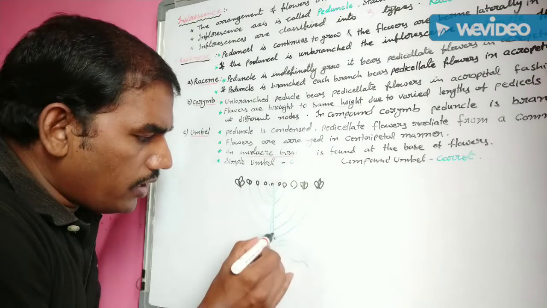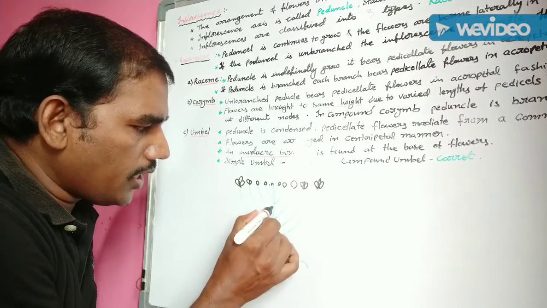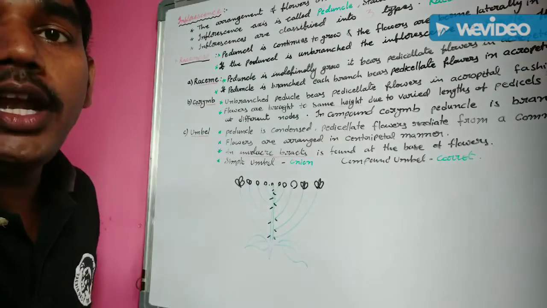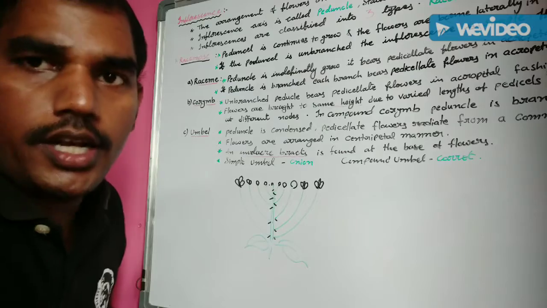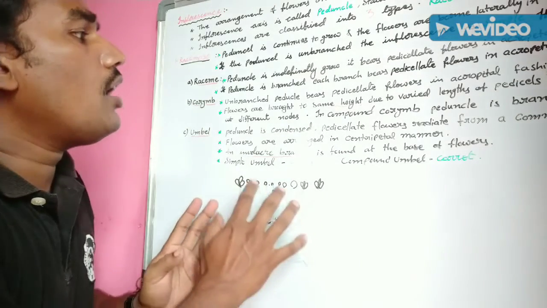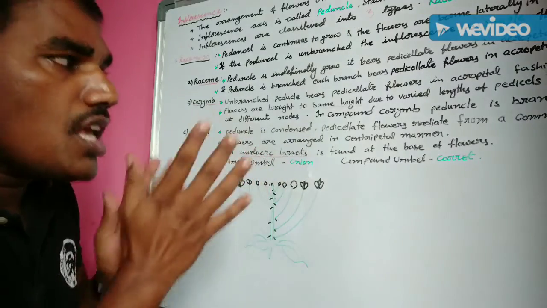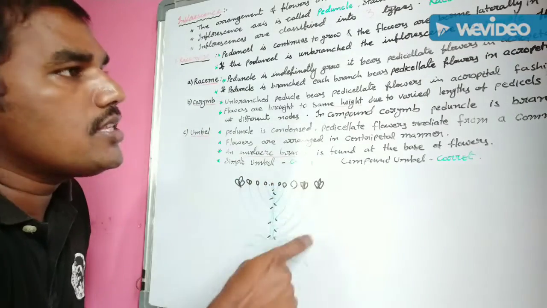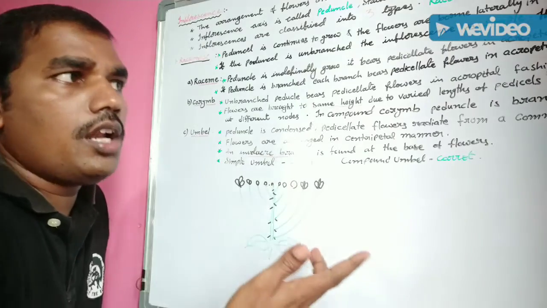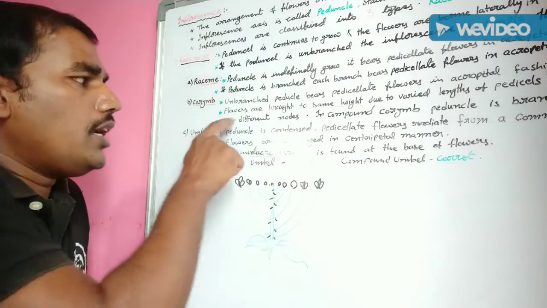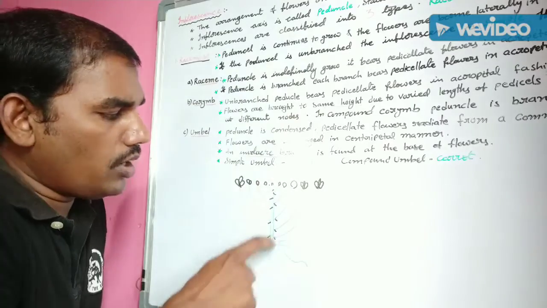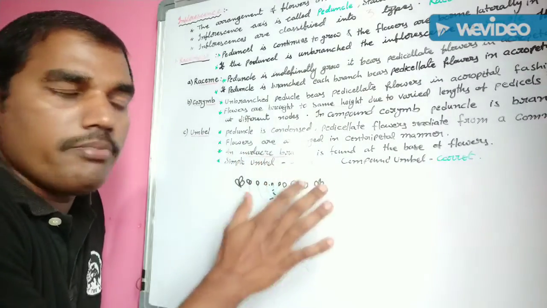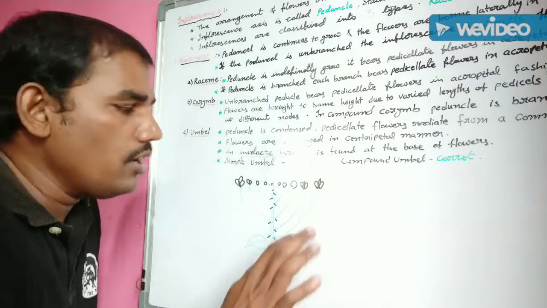Every flower is bracteate, and pedicellate flowers are arranged in centripetal, acropetal manner, but these flowers are brought to the same height due to the various lengths of pedicel, even though they are borne at different nodes.